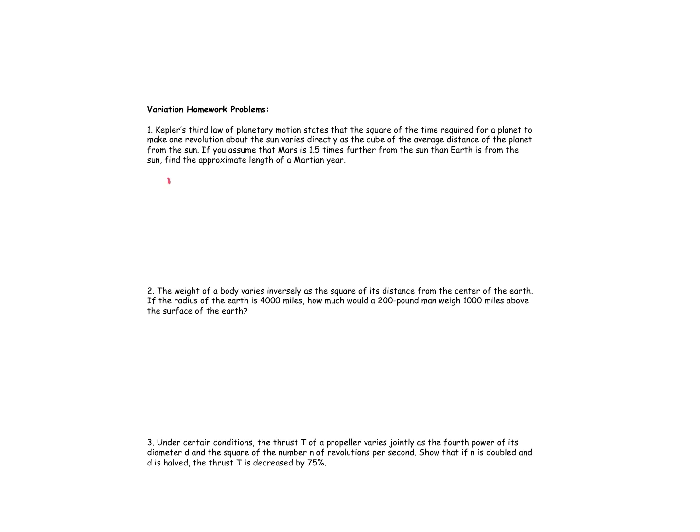Okay, so the square of the time required varies directly, so going not in the denominator, as the cube of the average distance, so distance cubed, from the sun. Okay, so that's the relationship here.